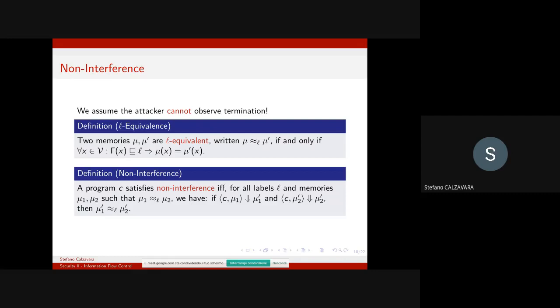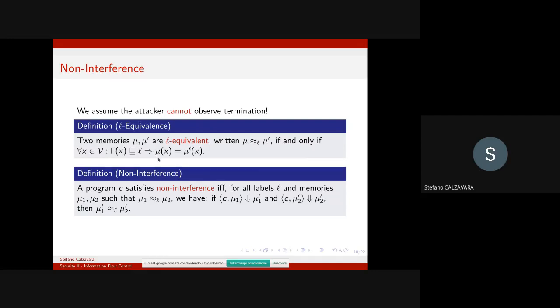Starting from this, we build on top a notion, which is the notion of L equivalence, where L is an arbitrary label we pick from our security lattice. In particular, we say that two memories, call them mu and mu prime, are L equivalent, which we write as mu ≈_L mu prime, if and only if, for all the variables which are sitting below the label L, the content of the memory is the same.